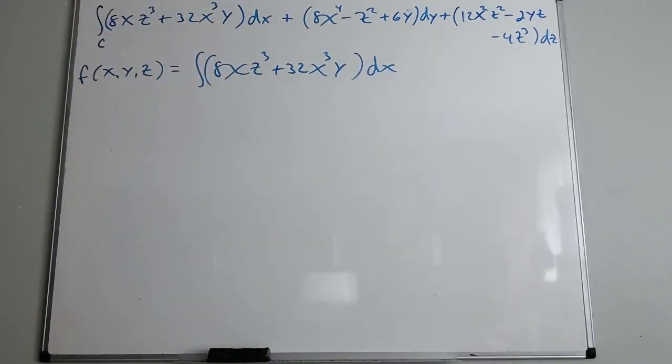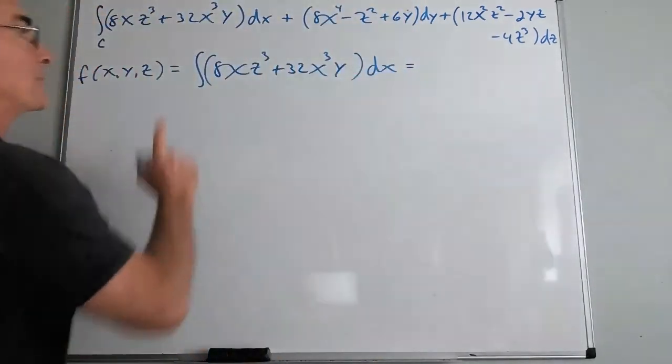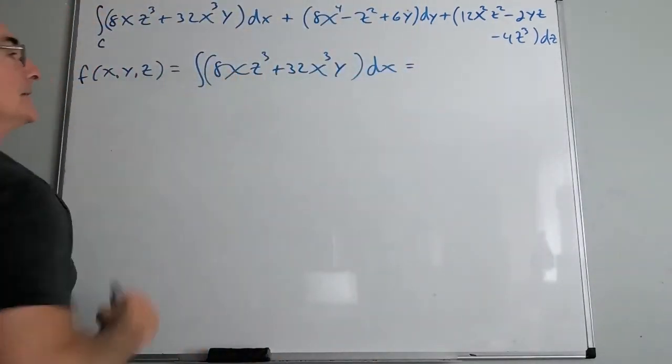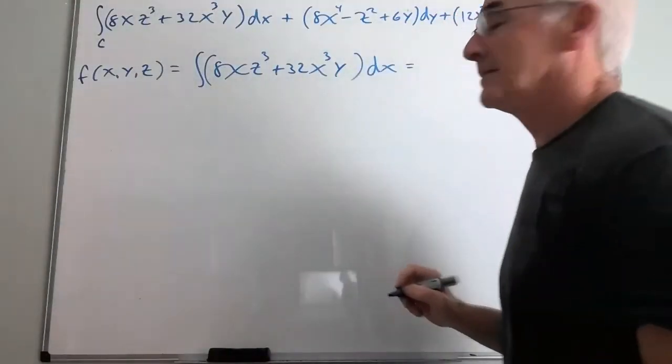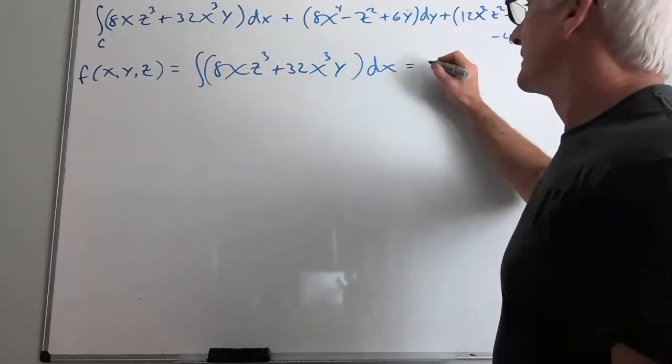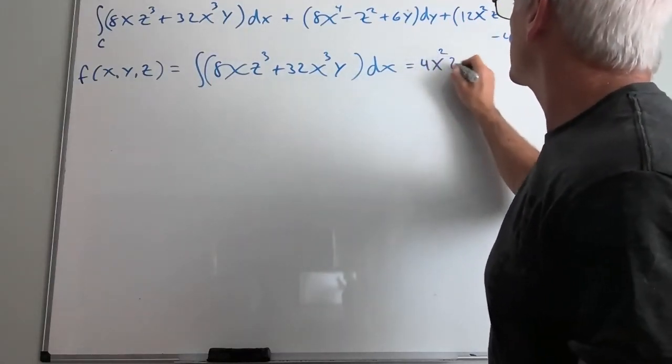Okay, with respect to x, let's see if I can fit it up here. Now be careful, with respect to x, what am I going to get? The first term? Anybody? 4x squared z cubed.